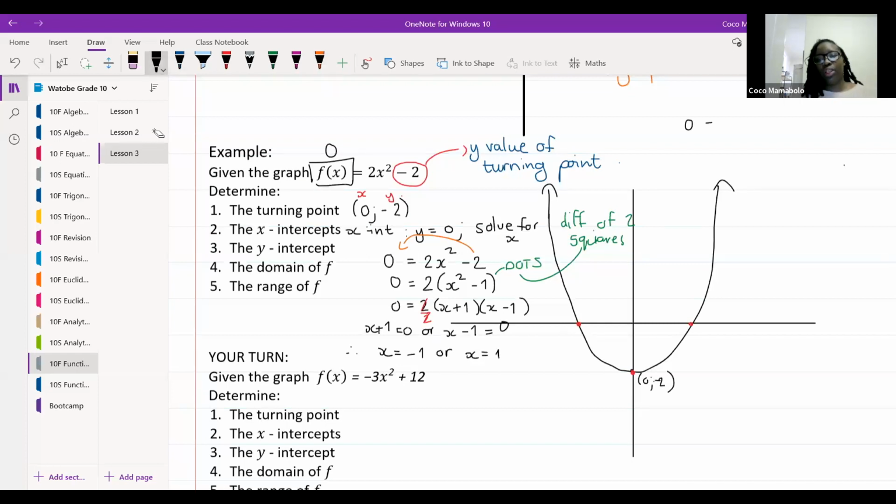So 0 is equal to 2x squared minus 2, take the -2 over and you get 2 is equal to 2x squared. Then divide by 2 on both sides. This gives us 1 is equal to x squared, and then take the square root. Then x is equal to plus or minus 1.